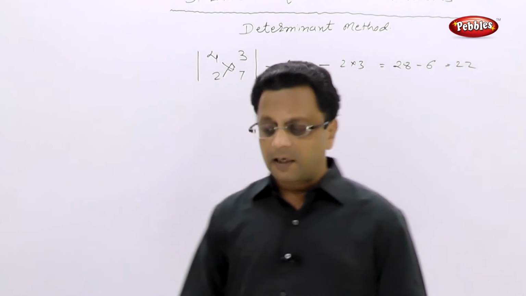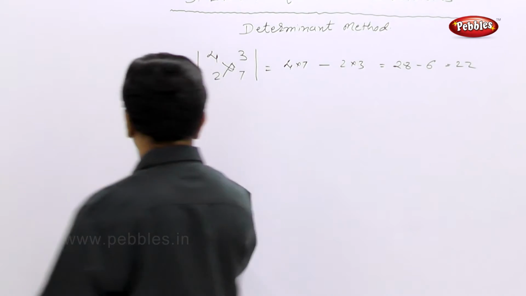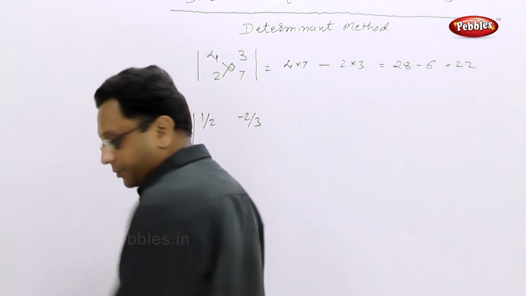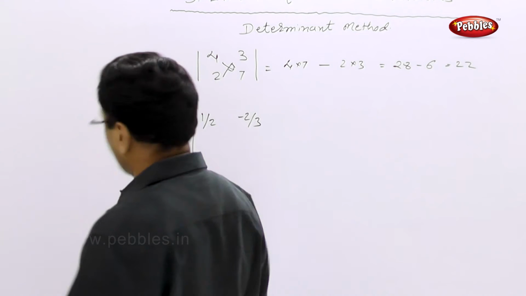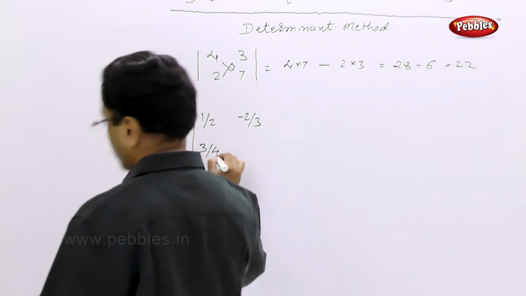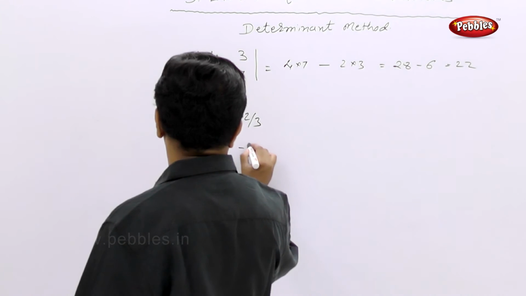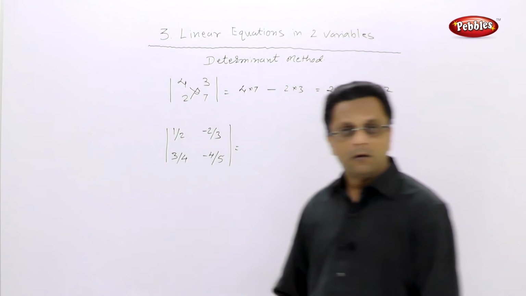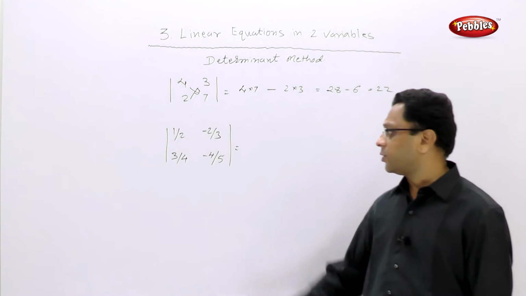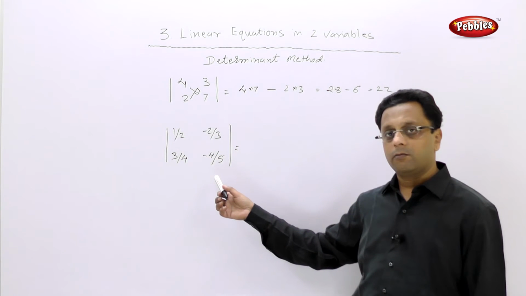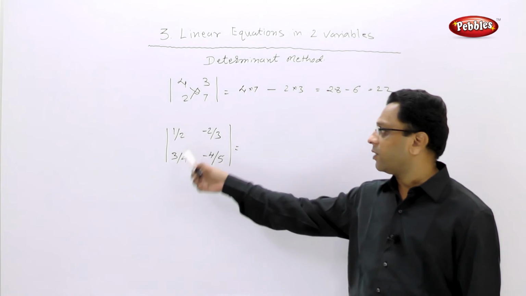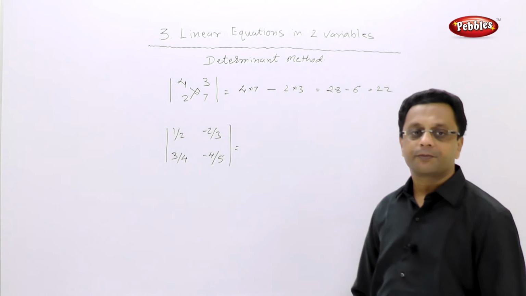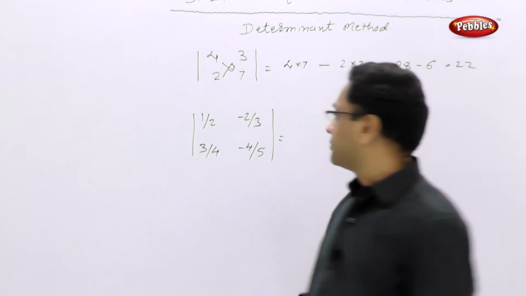Let us take one example with fractions. 1 upon 2, minus 2 by 3, 3 by 4 and minus 4 upon 5. Can you solve this? Very simple. 1 by 2 into minus 4 by 5 minus 3 by 4 into minus 2 by 3. Pause your video here and solve this. Let us solve this.